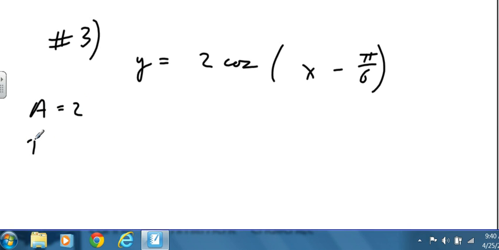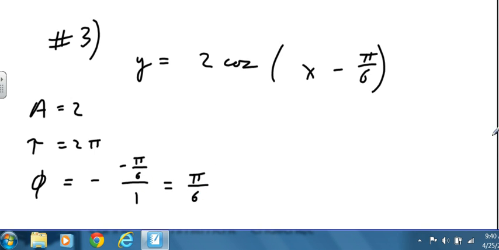The period is 2 pi, and the phase shift is minus pi over 6 over b, which is 1. So the phase shift would be pi over 6. And when I put a pi over 6 in here, I see that I get pi over 6 minus pi over 6 is 0. So that's kind of an interesting thing too.